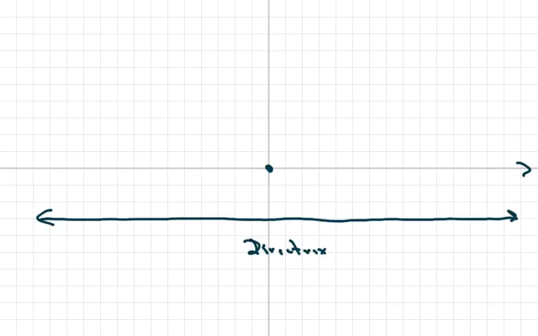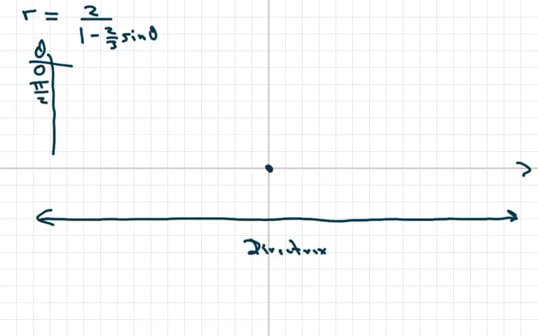Alright, so now we have to find all this other stuff. The way you're going to find your key points here is by using 0, pi over 2, and so here's your equation, 1 over 2/3 sine of theta. So I'm going to be doing a table of values and writing in my theta 0, pi over 2, pi, and 3 pi over 2. Get 4 key points.